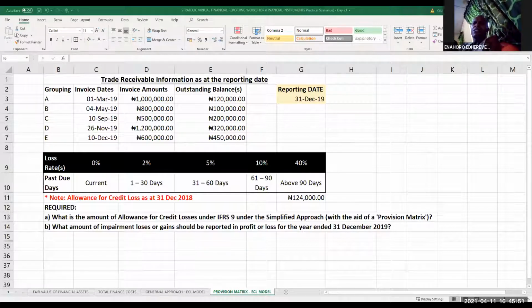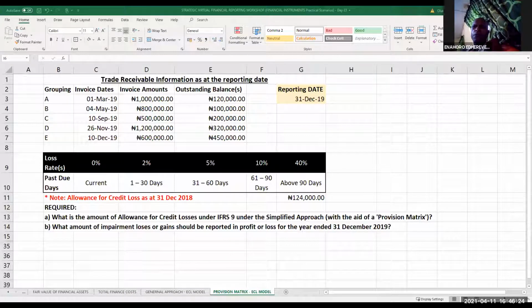The invoice on 26th November 2019 is 1.2 million, with an outstanding balance of 320,000. The invoice on the 10th of December 2019 was 600,000, with an outstanding balance of 450,000 as at the reporting date.